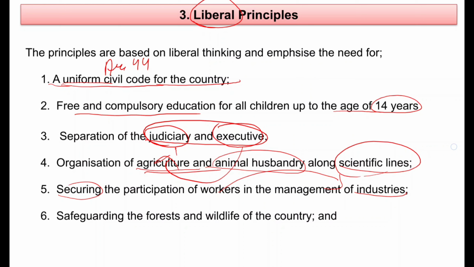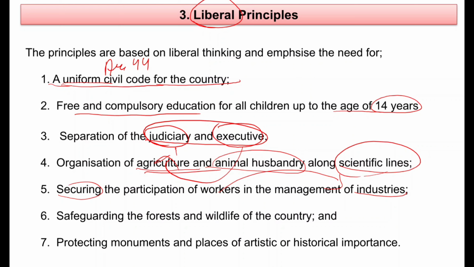Because you can see in the present day the climate is becoming harsh, extreme, year by year, because there has been merciless cutting of trees, isn't it? And there are so many wildlife species which have become extinct in this time. So we should always protect, and we should maintain the ecological balance of our country, of our nature.